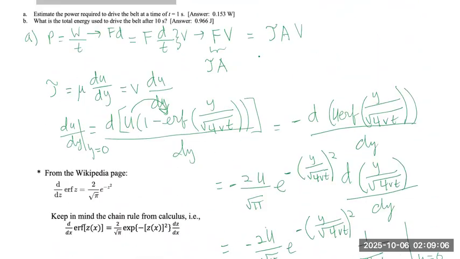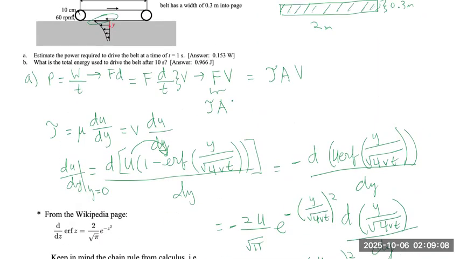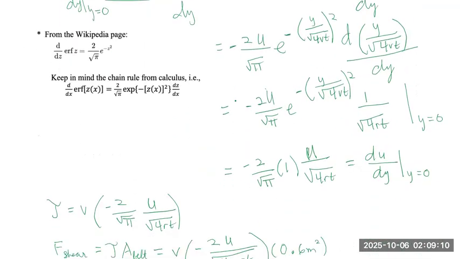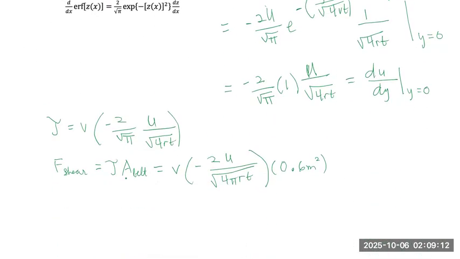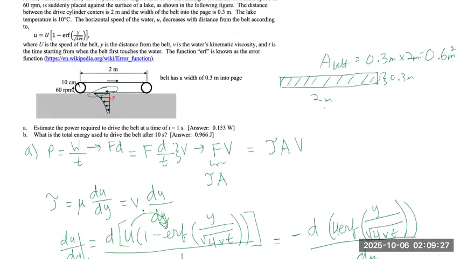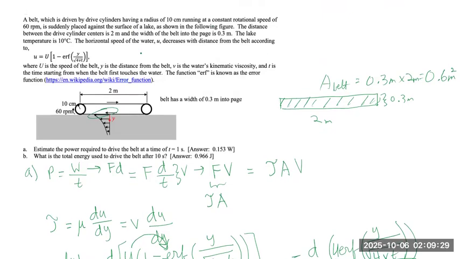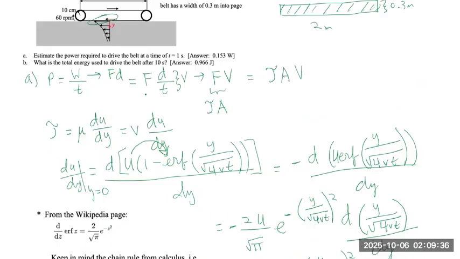And as we mentioned before, power is equal to tau A times the speed. So power is equal to tau times A belt times the speed, which is actually u. The u over here is from this. U is the speed of the belt.